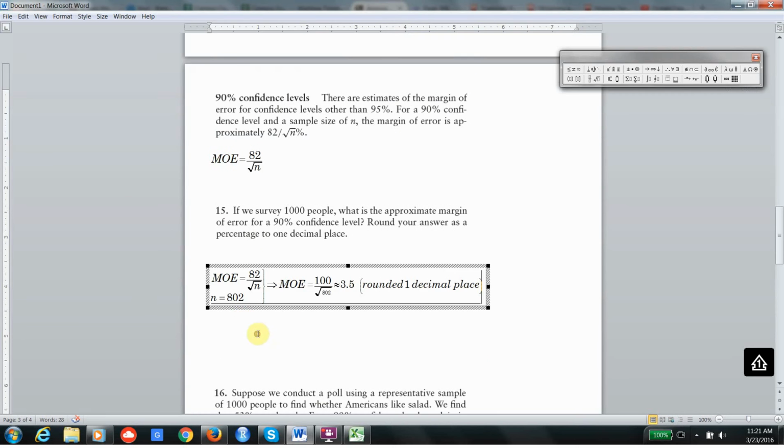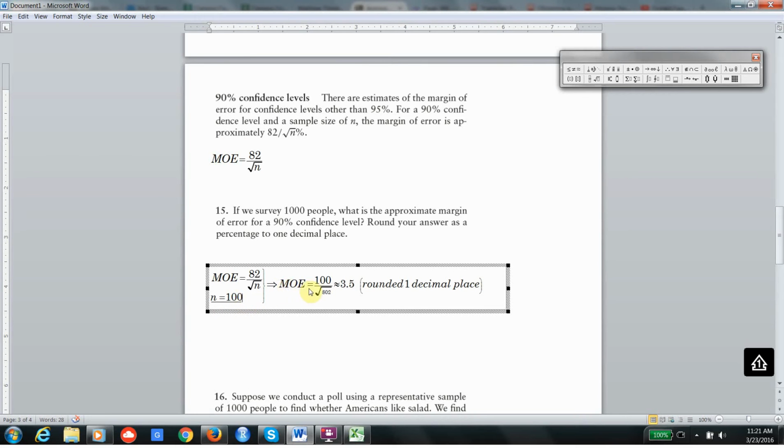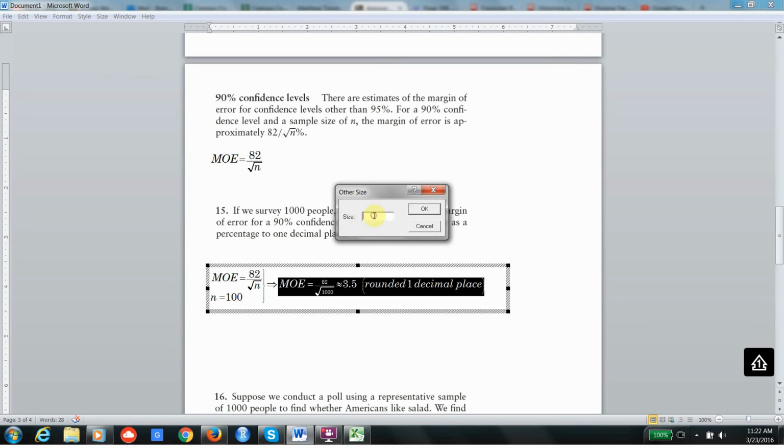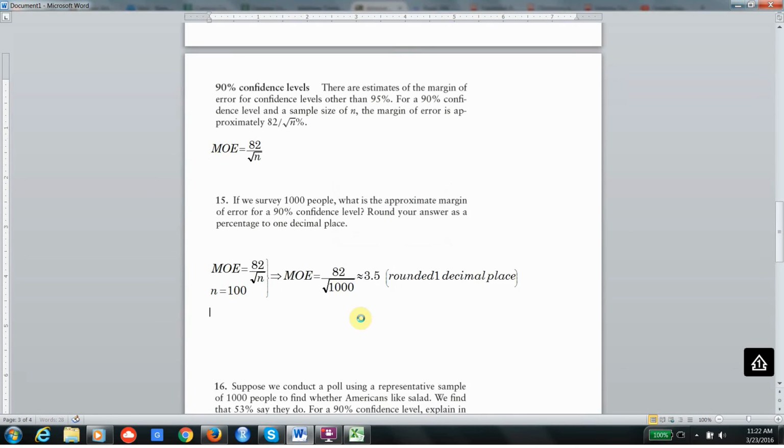So it's going to be 1,000, and just substitute it in. It's the exact same idea, right? I'm going to have to change this to 82, and this to 1,000, and change the font size. There we go. And now we just compute out whatever this is.